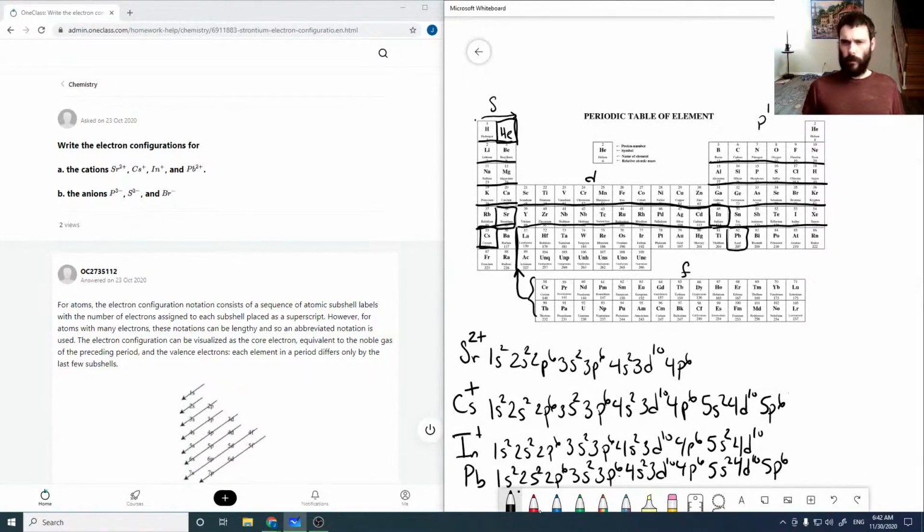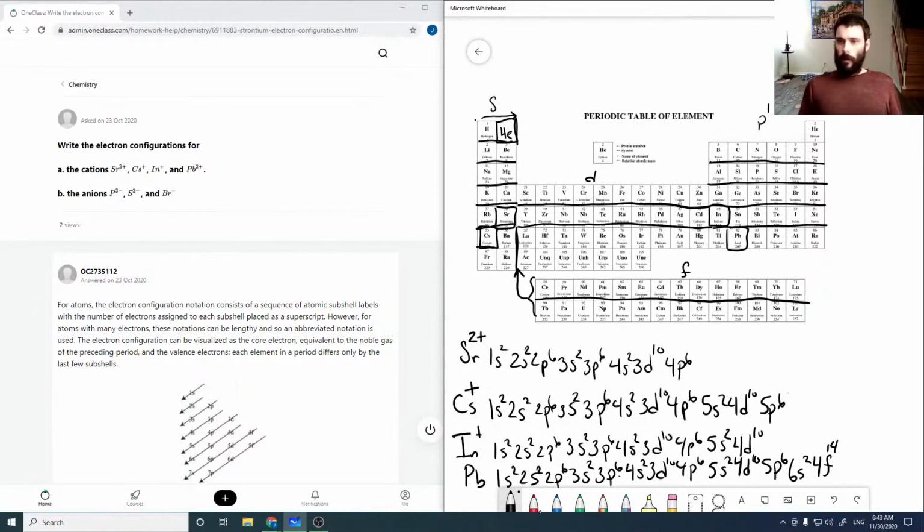Okay, so then 6s2, and now the F block comes in, and like the D block, it doesn't start at the same number, but for the F block it actually starts 2 less, so it's going to be 4f, and there's, if you count them, 14. So there's 14 there.